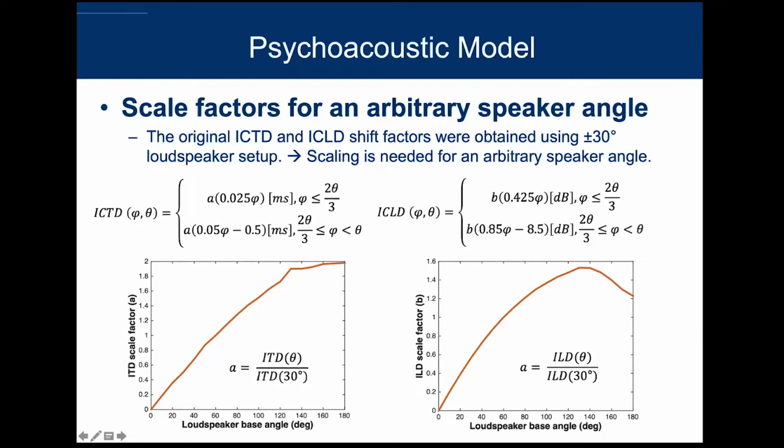Basically, you need to scale the level difference and time differences to make it work for an arbitrary speaker angle. So for different loudspeaker base angles, you apply some correction factors. Because my data are based on the 60-degree base angle, the correction factor will be 1.